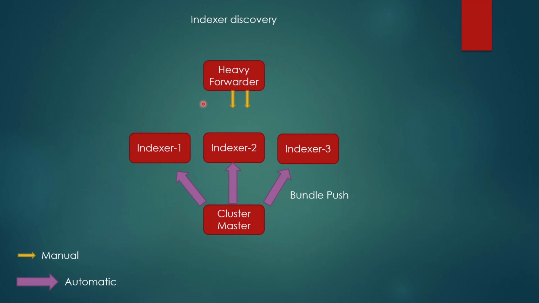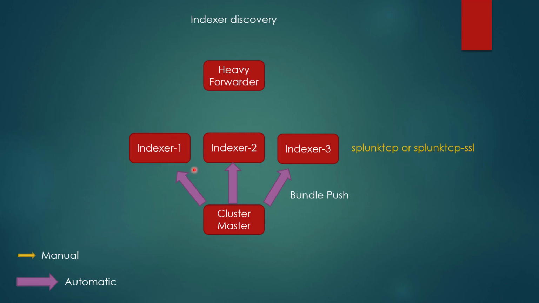So in indexer discovery, we remove the manual heavy forwarder configuration. We will not create any manual forwarding configuration there. How will it work? At the indexer layer there is the receiving port.